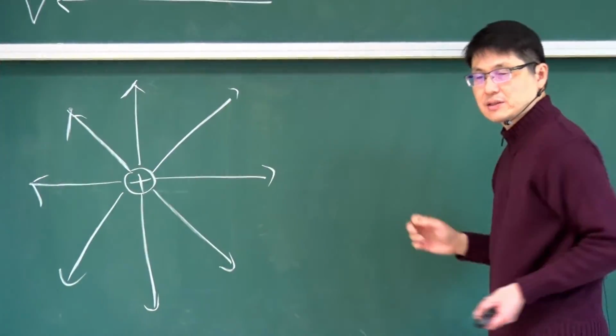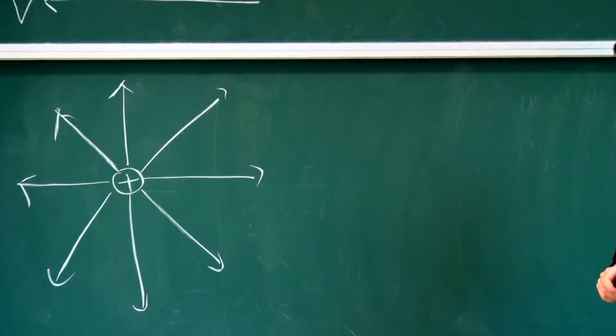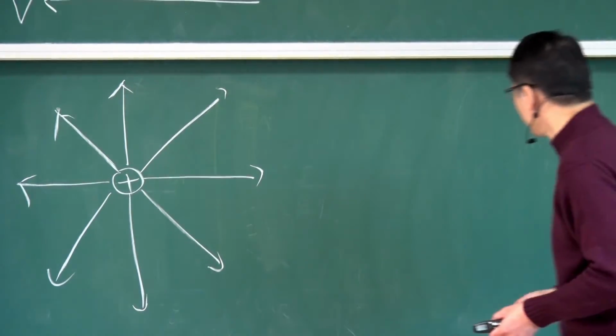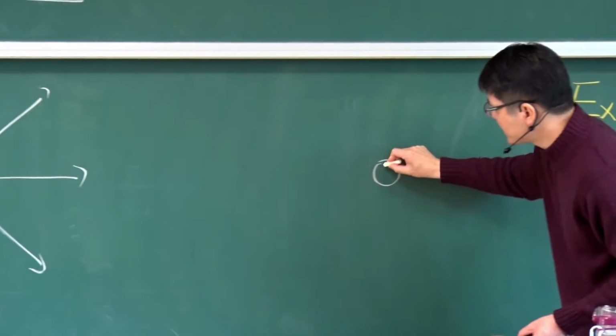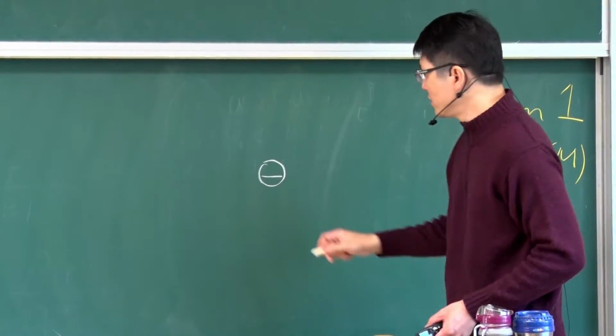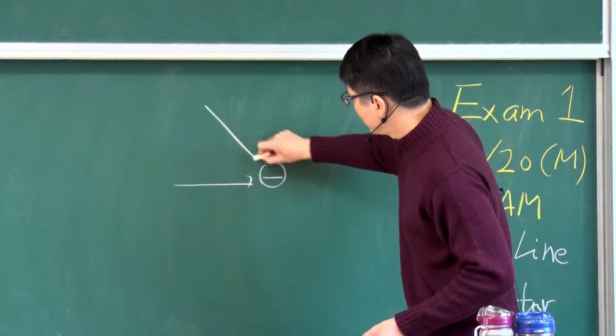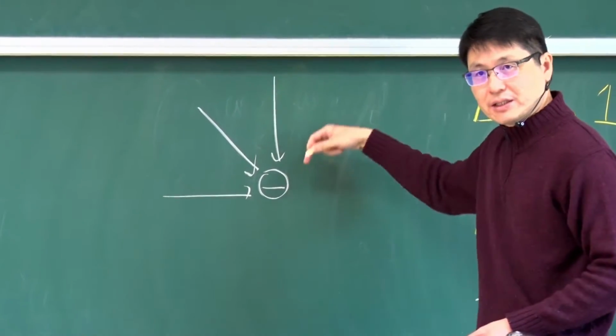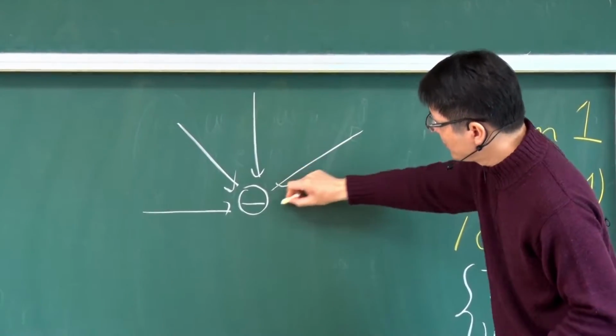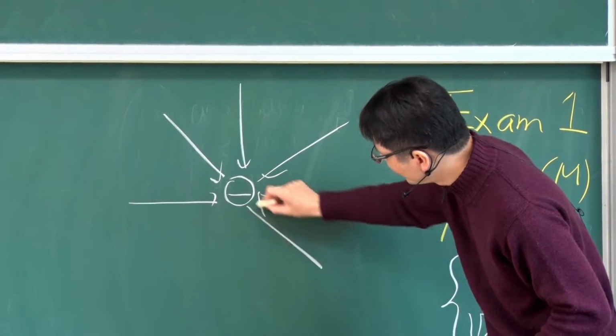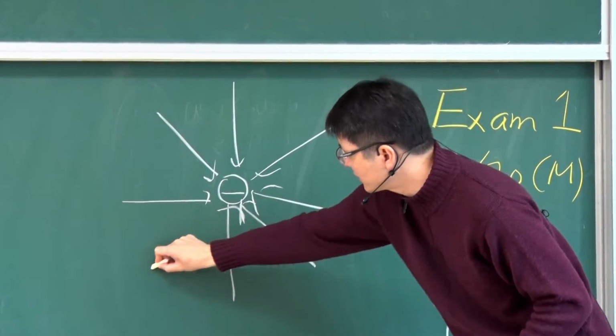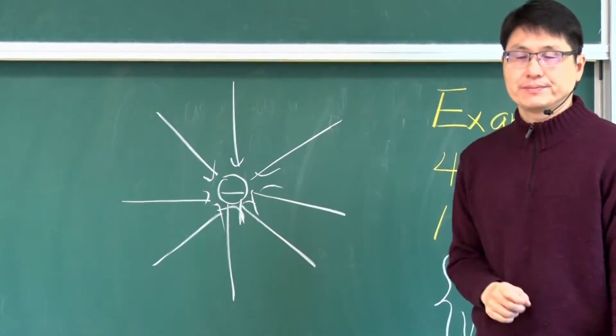It's radial. And we also know that if we have a single negative charge, all the fields terminate onto the charge, also in a radial or sun-like fashion.